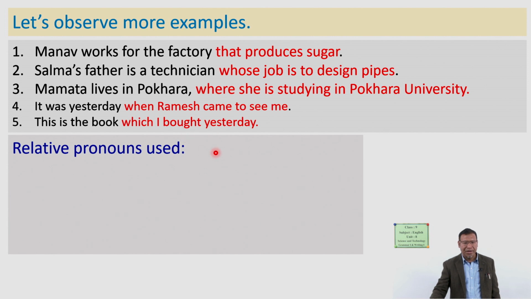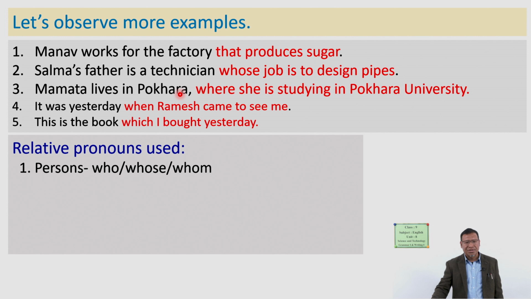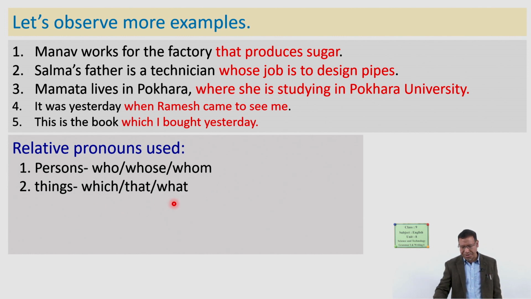So in this way, we can say the relative clauses use pronouns. They are known as the relative pronouns. How they are used is very important to know. To indicate a person, we use who, whose or whom. To indicate things, we use which, that, or what. To indicate place, we use where or in which. Similarly, to indicate time, we use when.